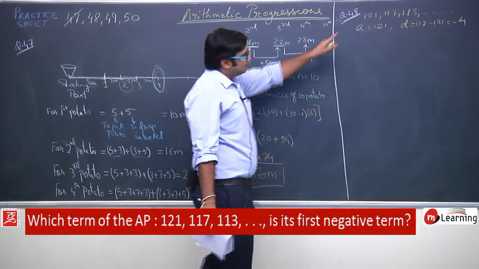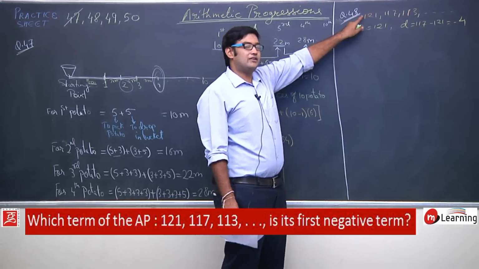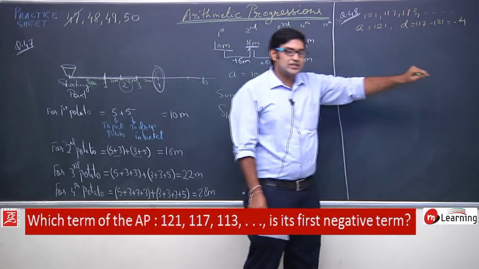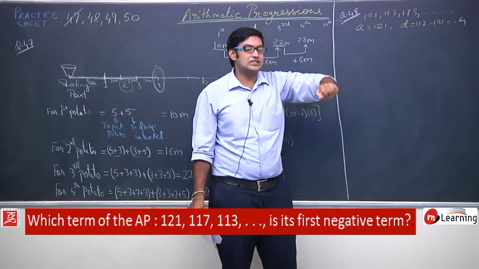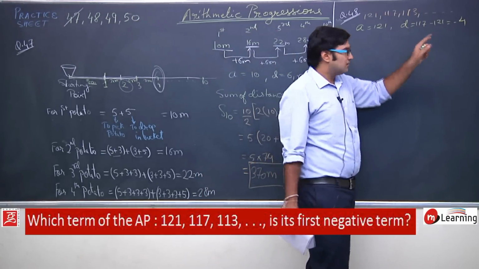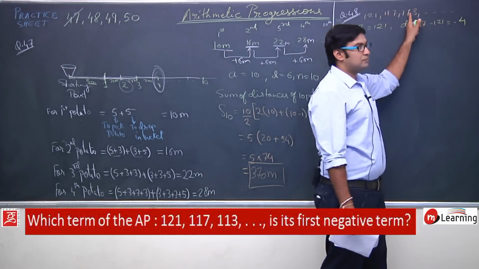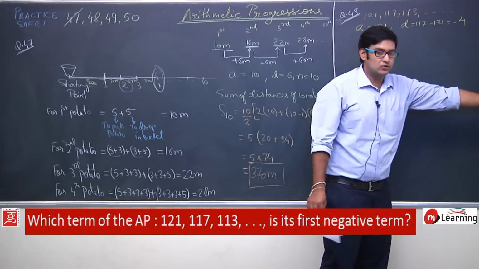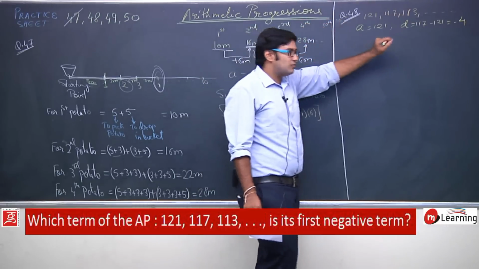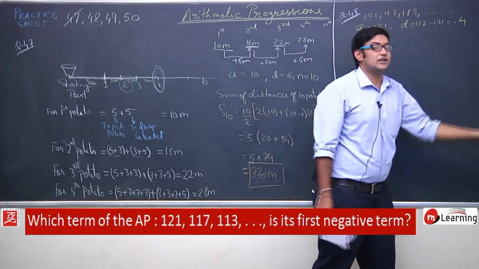So this arithmetic progression started from 121 and will continue till infinity, and in that list, some of the terms will be negative. Why? Because every time 4 is getting subtracted from the previous term to get the next term. So it means this will decrease and from positive it will switch to negative.